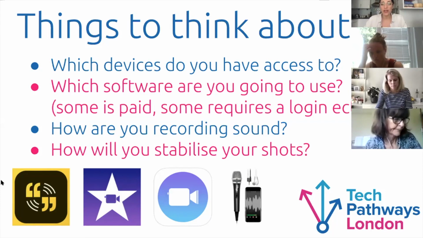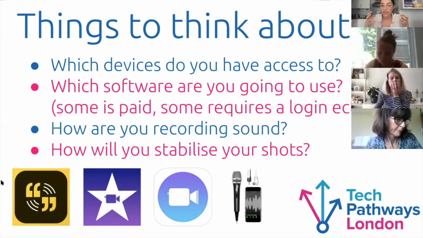Recording your audio separately, if possible, I always think is a really good plan, because you can go somewhere that you've chosen specifically because it's quiet, because it's got soft furnishings rather than hard edges where things are going to bounce, and you can record without thinking about how good the visuals look.